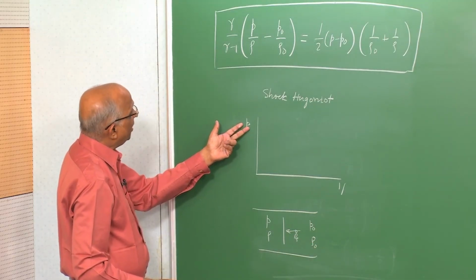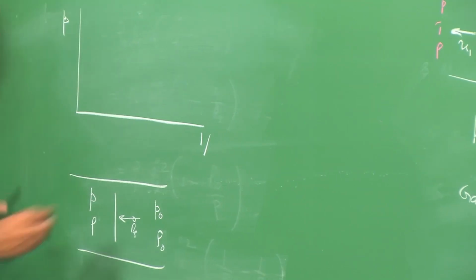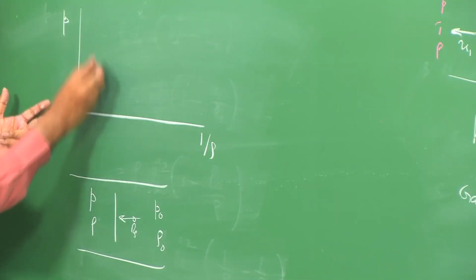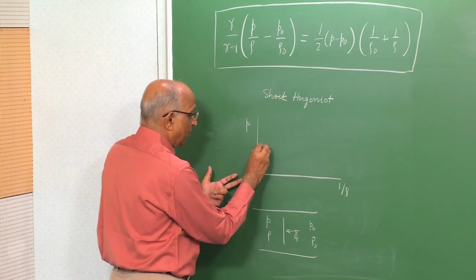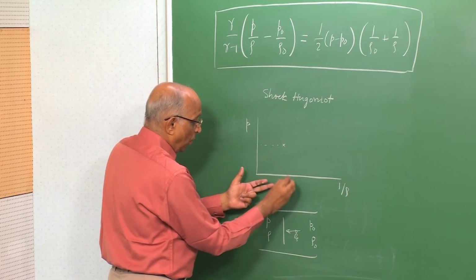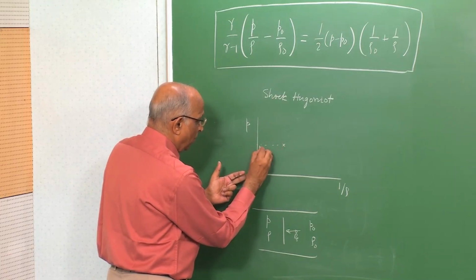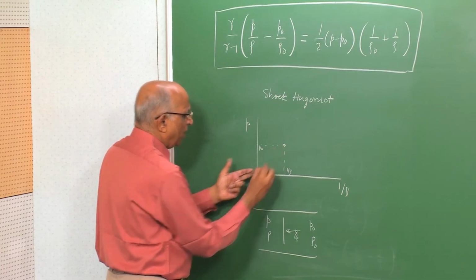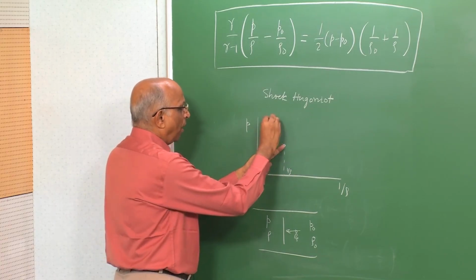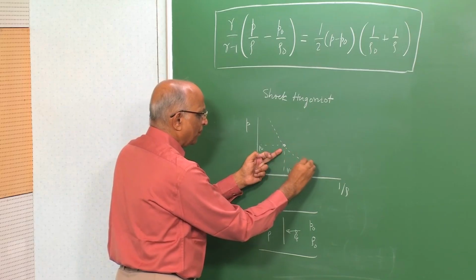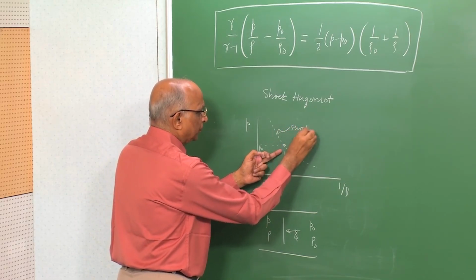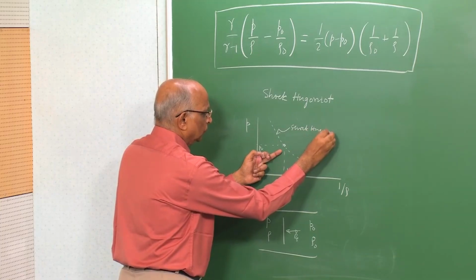It gives a variation of P as a function of 1 over rho, and it depends on the initial condition. Well, P 0 could be somewhere here, this is P 0, this point could be 1 over rho 0, this is the initial point, and for this initial point how do the states change, and this becomes what we call the shock Hugoniot.